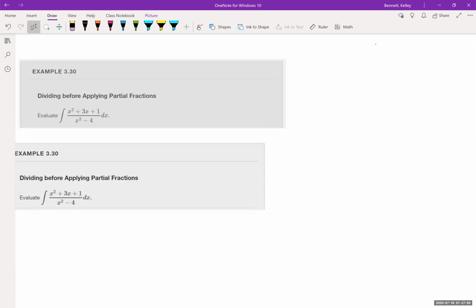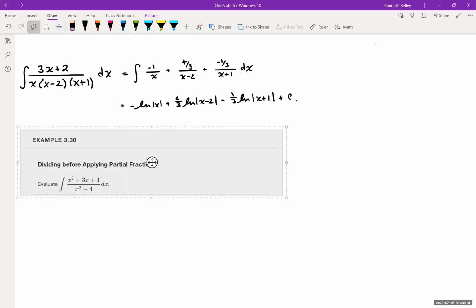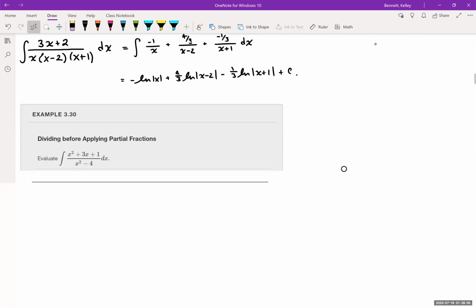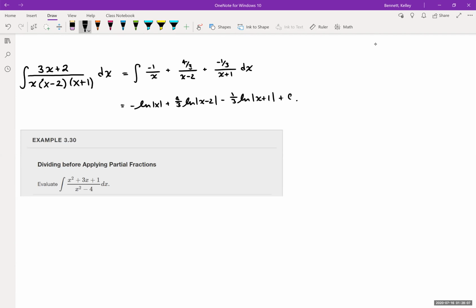So now we're going to try to put it together. We're going to divide, and then we'll do PFD. So in this instance, our degrees are equal. There's two ways to look at this. One, I'm not going to do synthetic division on this because I only know how to do that with linear terms with coefficient of 1. So you could do it by polynomial long division, which looks like this, x squared minus 4.